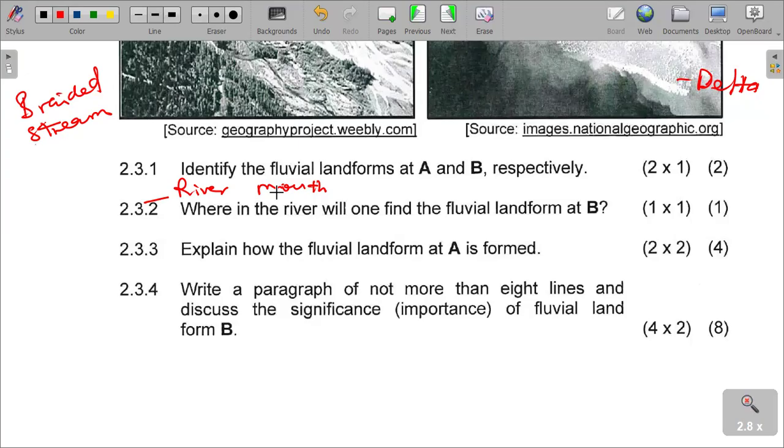And then question 2.3.3, explain how the fluvial landform A is formed. Braided streams form where the sediment load is deposited.